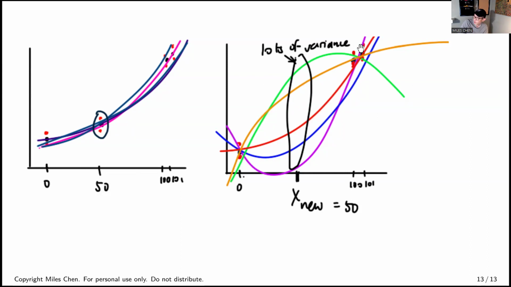Depending on what these values end up being over here and over here, I could end up fitting the purple line, or you might end up fitting the green line or the yellow line or the red line or the blue line. We might fit any of these, and we don't have an observation at x new equals 50 to anchor this down. And so we're going to end up having lots and lots of variance here.